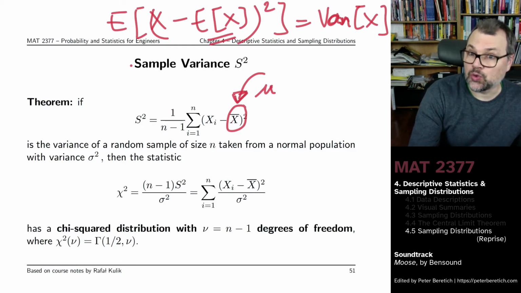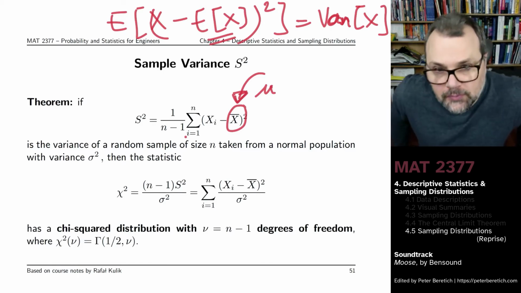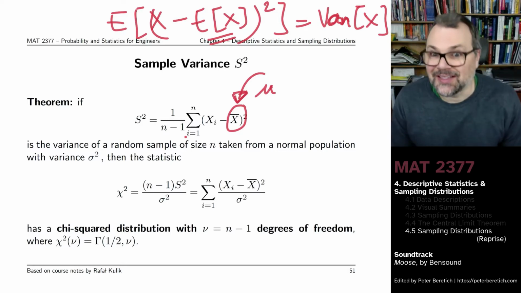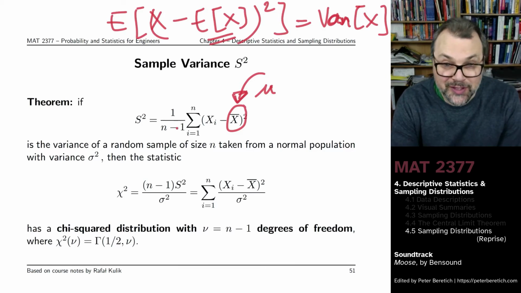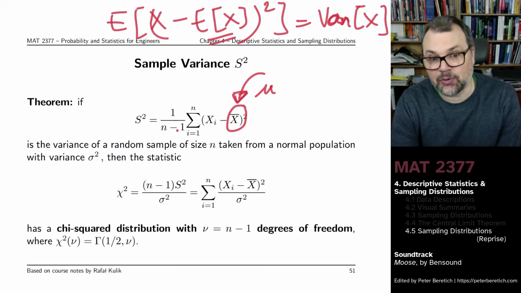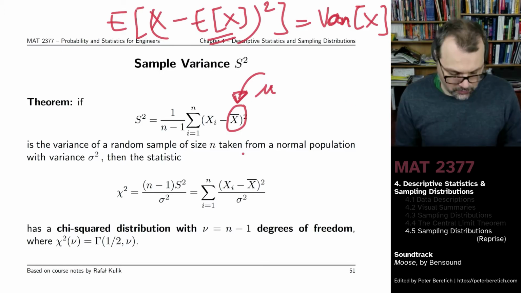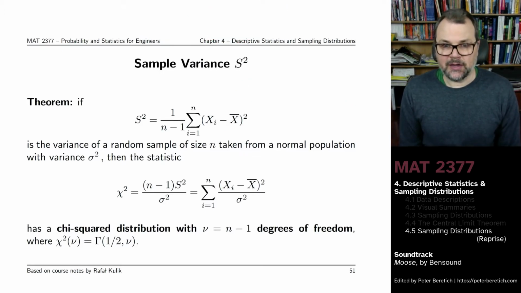You've already used your sample to do one computation, and it's too taxing to believe that you haven't lost some information by doing so. And so we lose 1 degree of freedom. This denominator here would be the number of observations in the sample minus the degrees of freedom that have been lost by estimating other quantities along the way. So that's the variance of your random sample of size n.